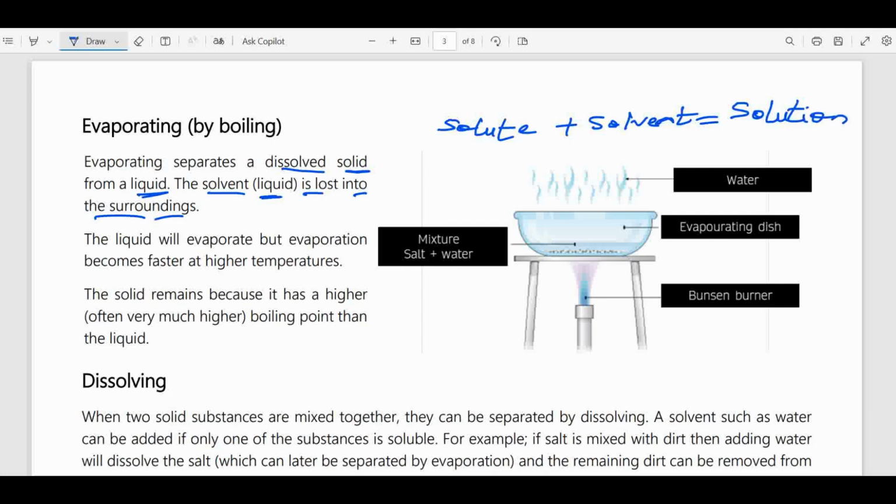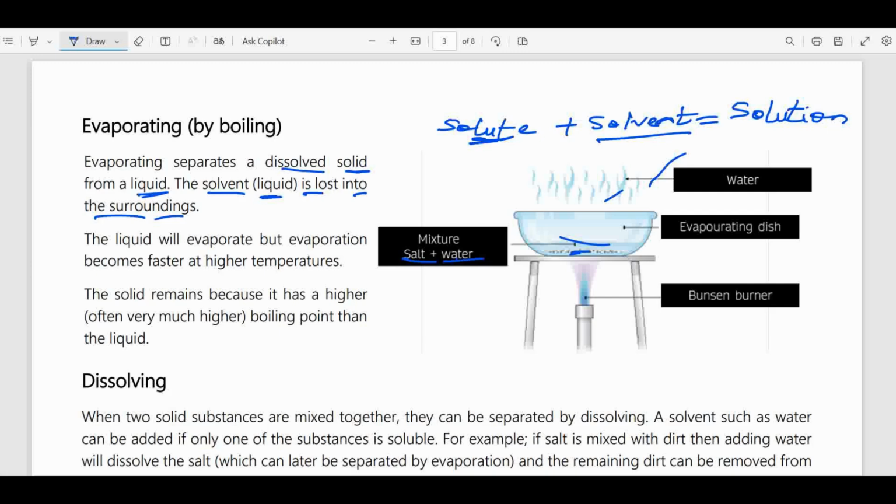Now, you can actually remove this solvent by the process of evaporation. When you apply heat and have this mixture in an evaporating dish, the water would escape and that will leave behind only the solid. For example, a mixture of salt and water. When the water evaporates, you will be left with the salt only.